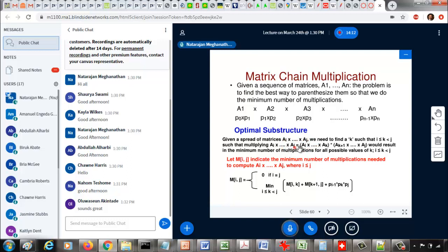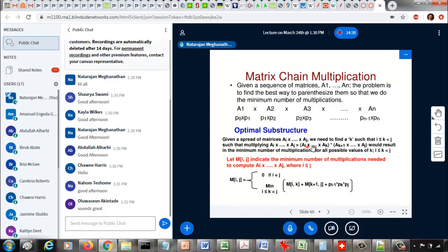What we have to find is that K where we can stop in between. So this chain is from AI to AJ. We want to parenthesize them like this. We have to multiply everything from AI to AK and then everything from AK plus 1 to AJ. So multiply this subchain and this subchain.